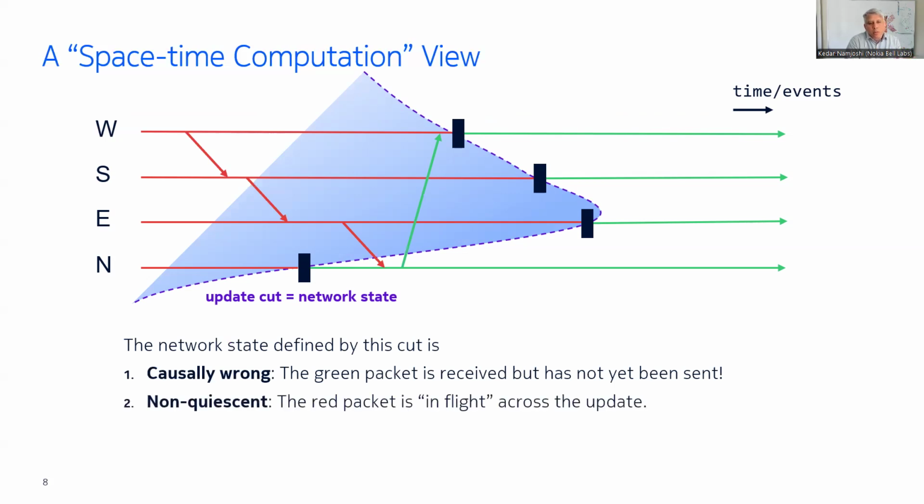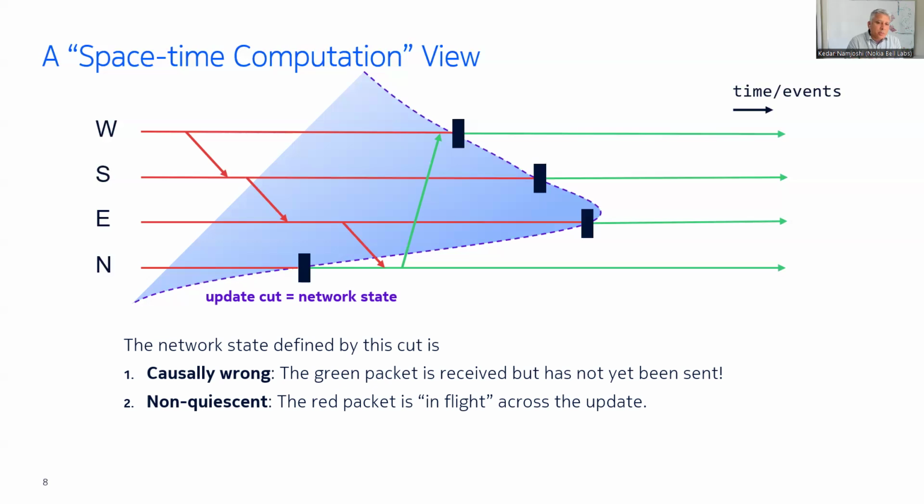Now, moreover, this cut is non-quiescent. And by that, I mean that there are packets in flight in the state. So the red packet from east to north is still in the channel in this network state. But now suppose that these problems did not occur, that you did not have any crossovers, that the cut was causally correct and it was quiescent. What that would imply is that all of the red transmissions stay on the left-hand side of the cut, and all of the green transmissions stay on the right-hand side of the cut.